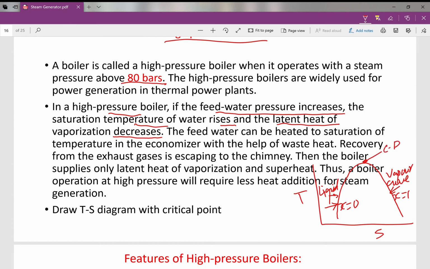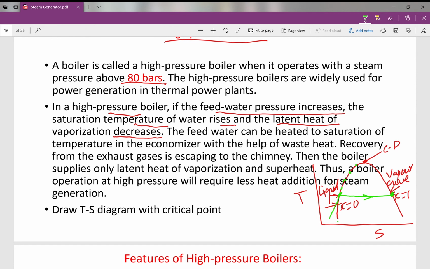So when water is supplied to the boiler, say here, at a particular pressure, when it is in liquid state, any point lying on this liquid line we call dryness fraction equal to 0, that is, liquid phase. Now as heat is transferred, temperature keeps on increasing, and evaporation starts, that is, the phase changes from liquid to gas.